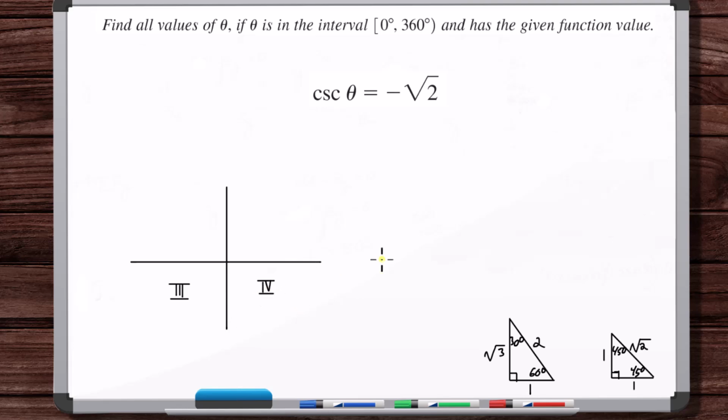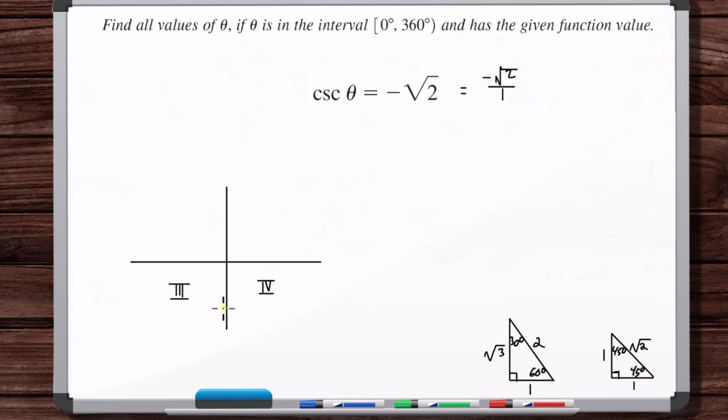All right. So now this is minus root 2 over 1. Do we have any root 2 over 1 ratios? Yeah, here. The 45 triangle. So we've got root 2 over 1. That's 45 degrees, so we know this is going to have a reference angle of 45 degrees. And so we don't have to draw it.